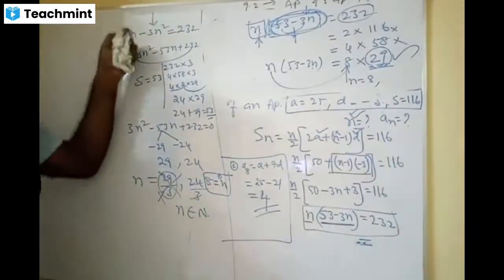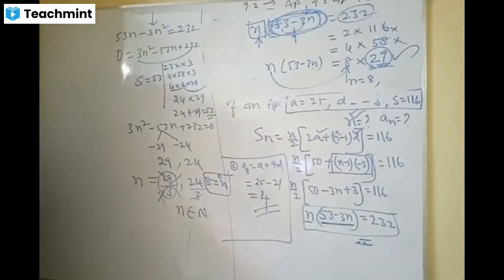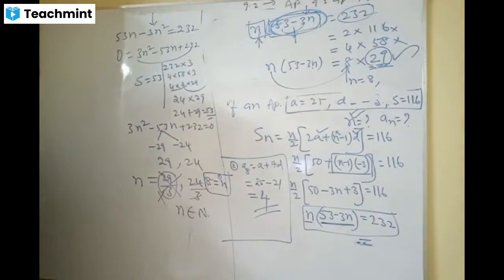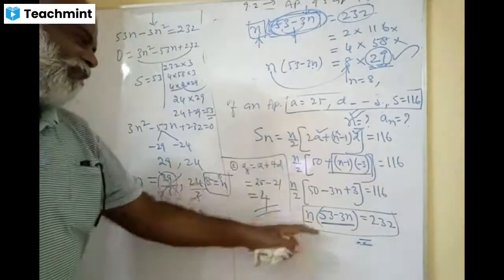So instead of doing this quadratic and struggling so much, that is another best model for this. See, is it beautiful or not? Follow this. If I do it for myself, I never like this quadratic equation.